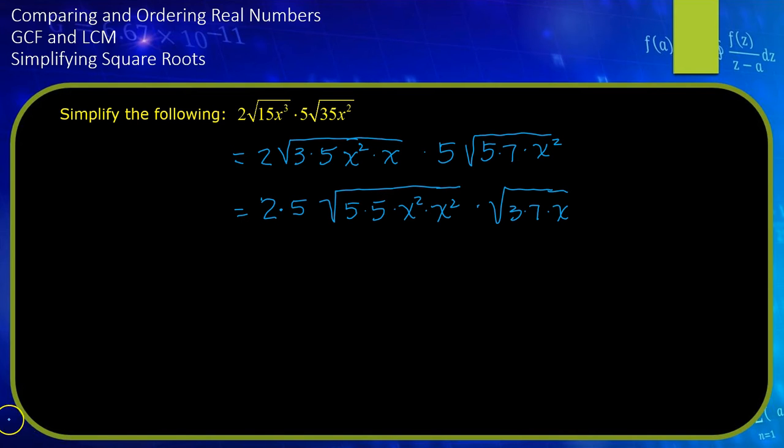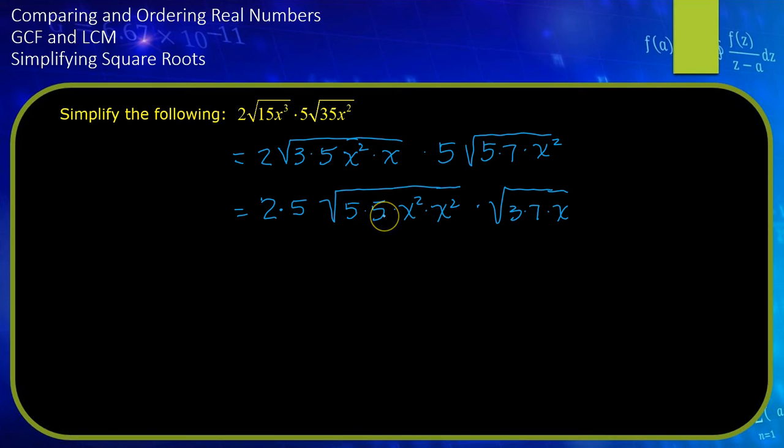What I'm doing here is I notice that the 3 is not a perfect square. There's no other times 3 throughout this whole thing. So the 3 is going to get put into the second radical, is where I usually put the stuff I have that is not a perfect square. The 5s, however, they both have 5, so 5 times 5 would be a perfect square. It's 5 squared.